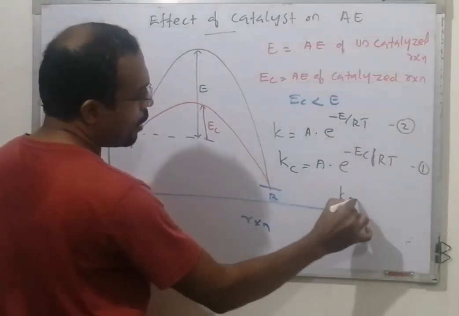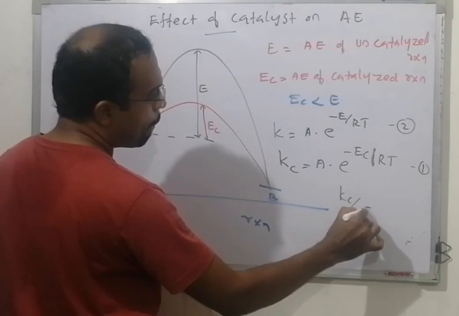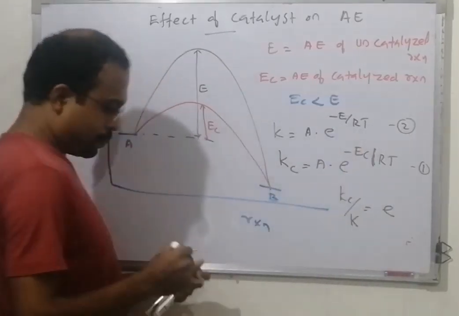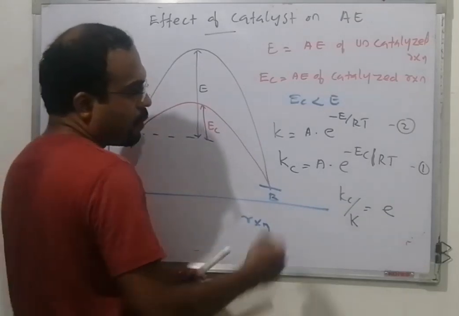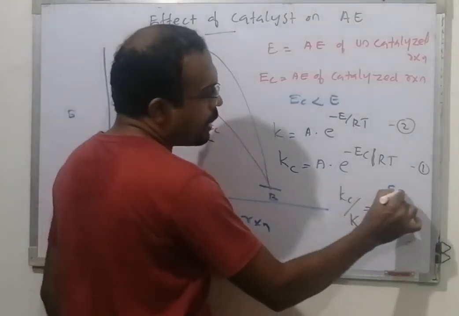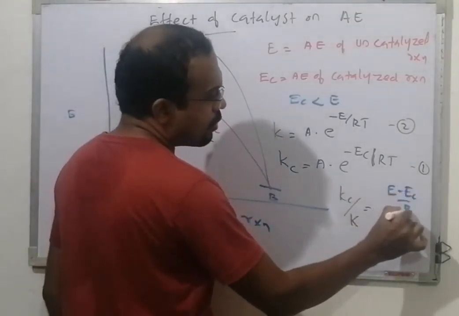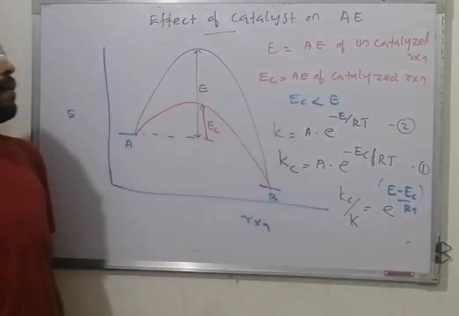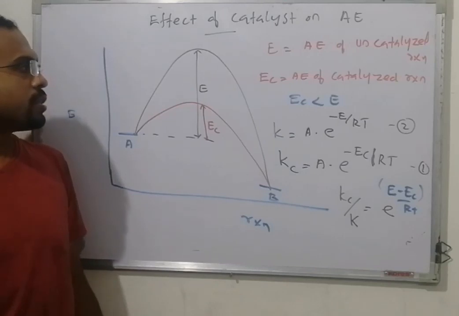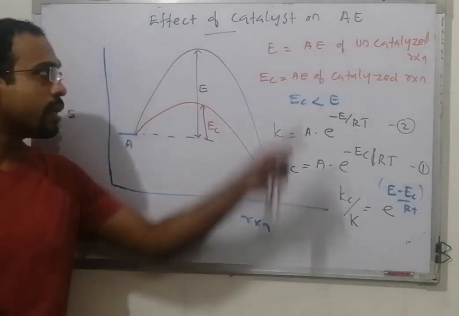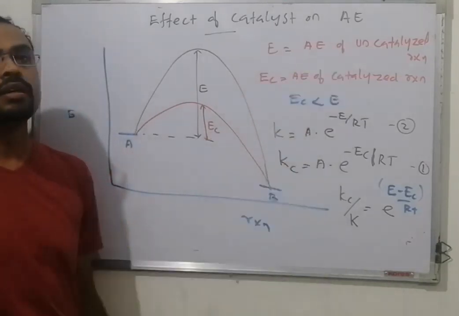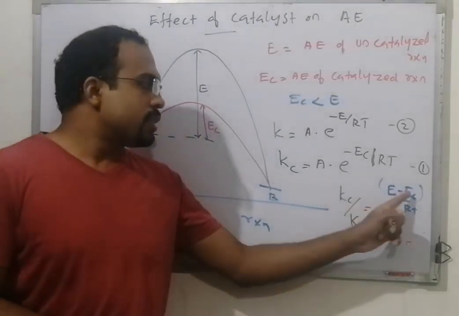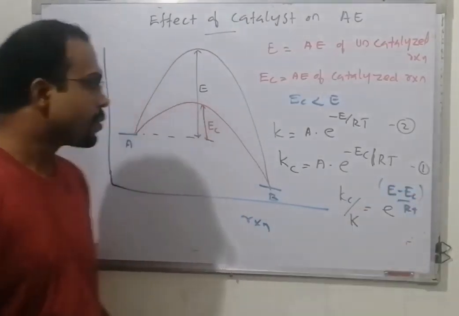Therefore, Kc by K, and A cancels, is e raised to E minus EC by RT. Very, very important. E is the activation energy uncatalyzed, and EC is the activation energy catalyzed. Remember, E uncatalyzed, EC catalyzed.